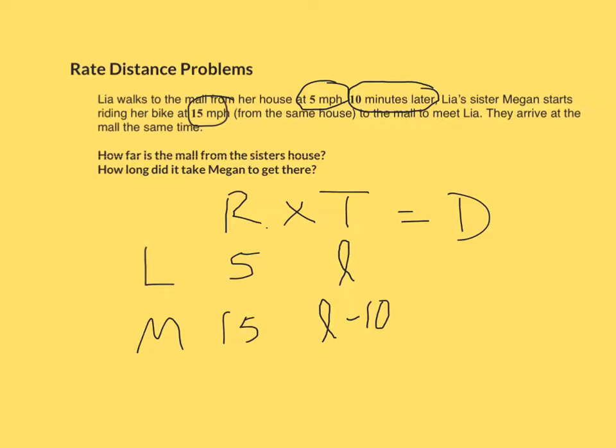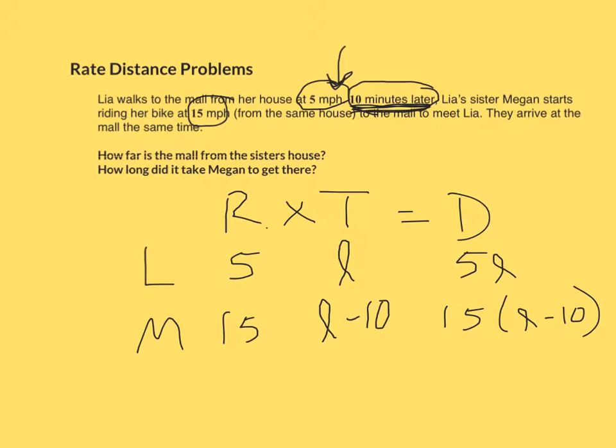This is a little bit different strategy than I used for the other examples. I am going to multiply across to get the distance. So this is 5L, and this is 15 times L minus 10. Oh, I just recognized that we're going to have a problem. I'm using 10 minutes, but the rate is in miles per hour.